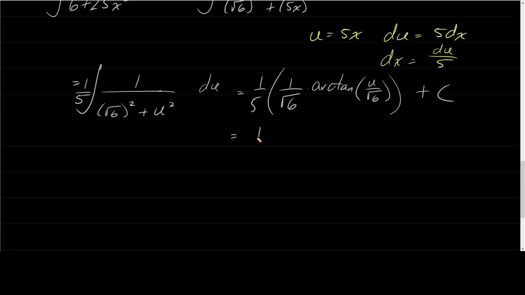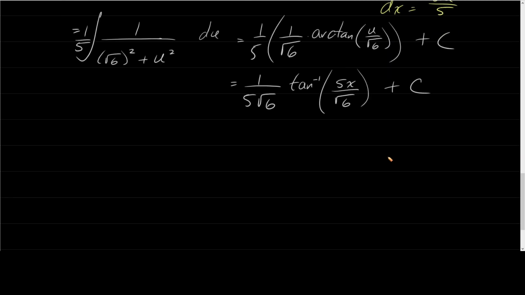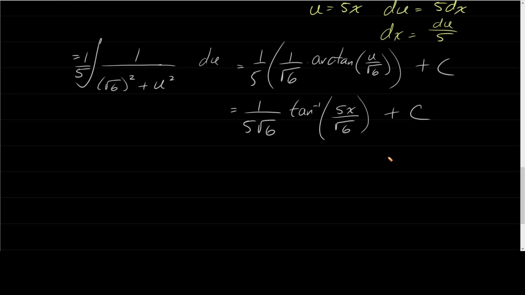So my final answer, I'll write it as 1 over 5 radical 6 times tan inverse of, what was our u? 5x. So 5x over radical 6, and all of this plus c. I'll leave our final answer as that. We just have to make sure that our final answer is definitely in terms of x. Next one. All right, so that was B. C.